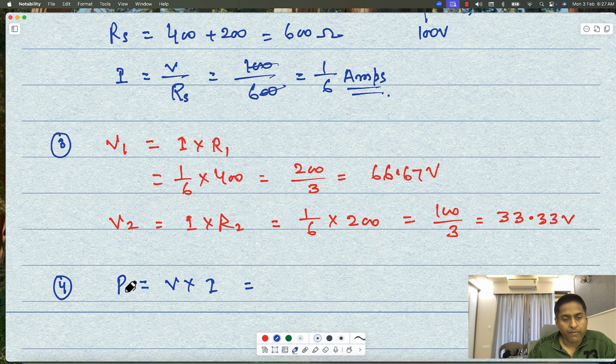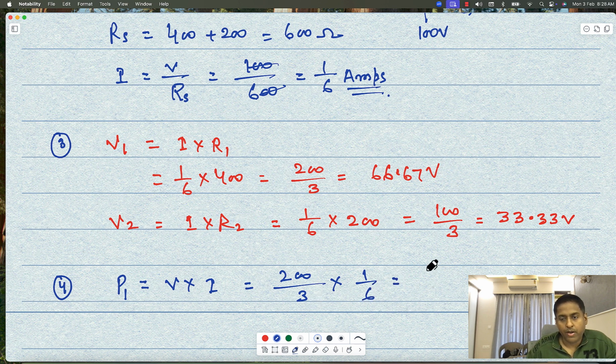This is for the 25 watt bulb, so voltage for the 25 watt bulb is 200 by 3. I always use fractions, not decimal numbers, because that does not give you the correct result. So 200 by 3 and current is 1 by 6.